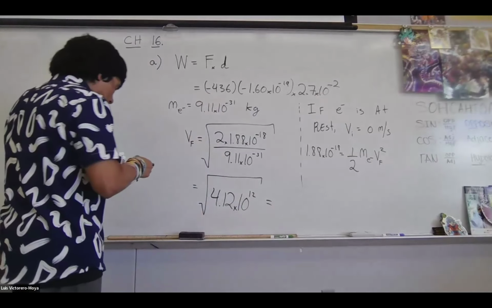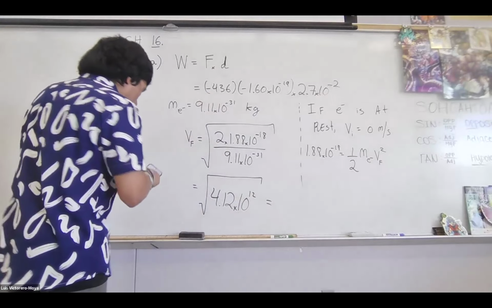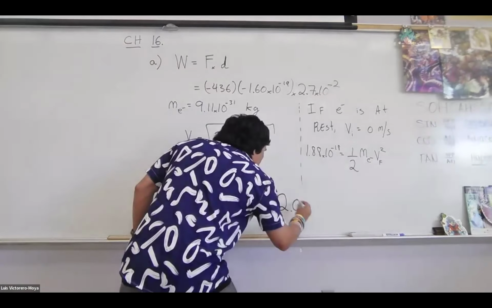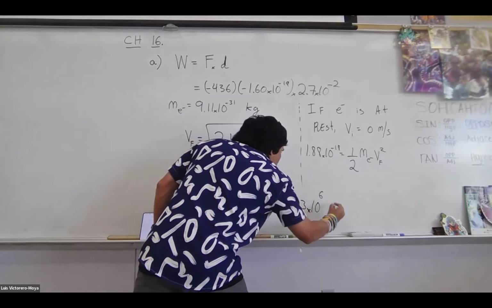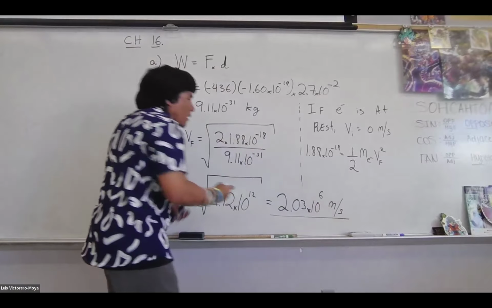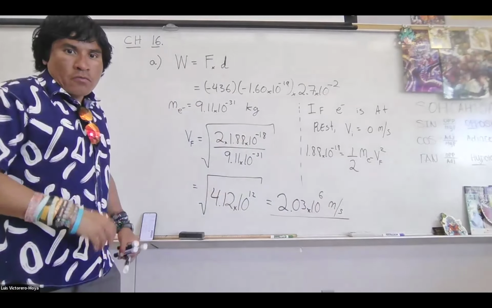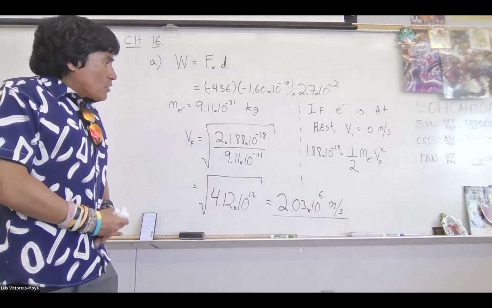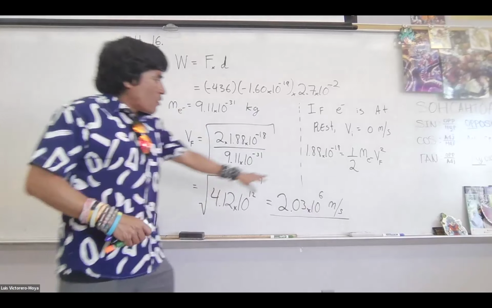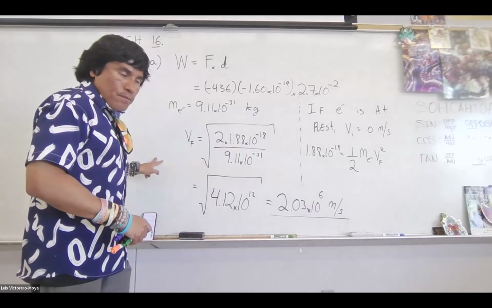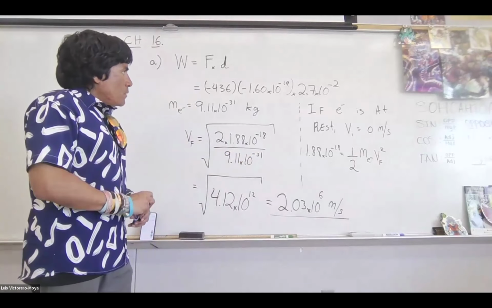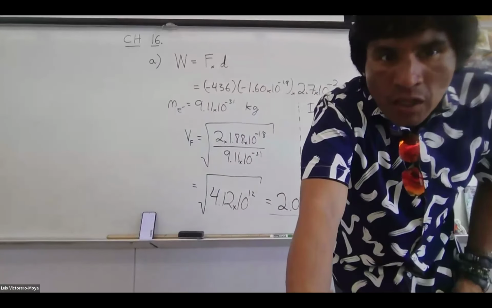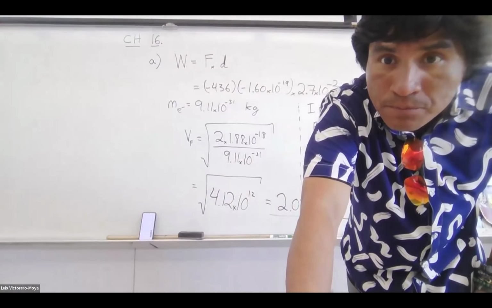If I take the square root of that, I get 2.03 times 10 to the 6 meters per second. So there you are, what you would expect for an electron like this. And in what direction? In the negative direction, because the electron is going towards the left. That's pretty much how you do problems like this, energy and a bit of forces.